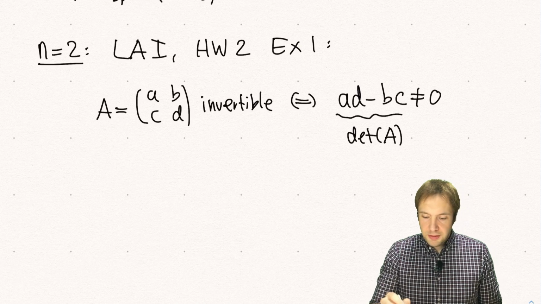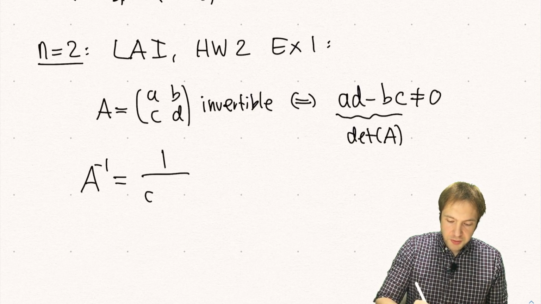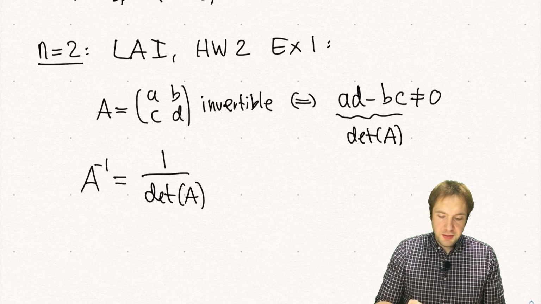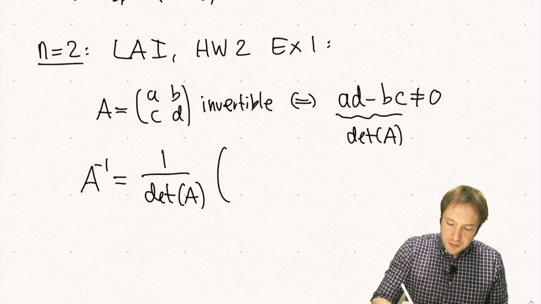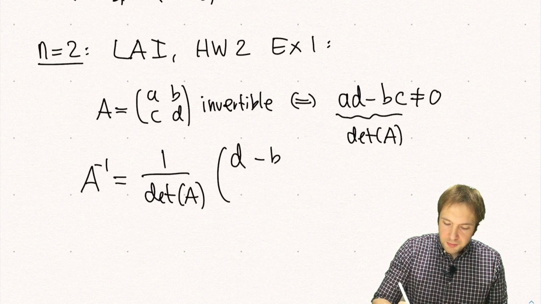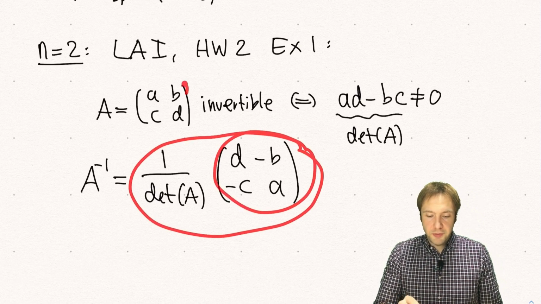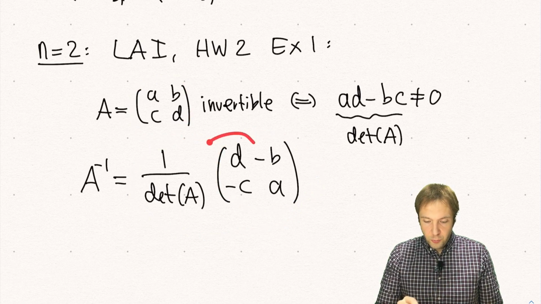And also, using this determinant, we were able to write down the inverse, which we did in the tutorial. So the inverse of this matrix ABCD can be written down explicitly by taking 1 over the determinant, which is a number, times the matrix D, minus B, minus C, A. And you can check that if you multiply this matrix with this matrix, you get the identity matrix, where on the diagonal you still have the AD minus BC.